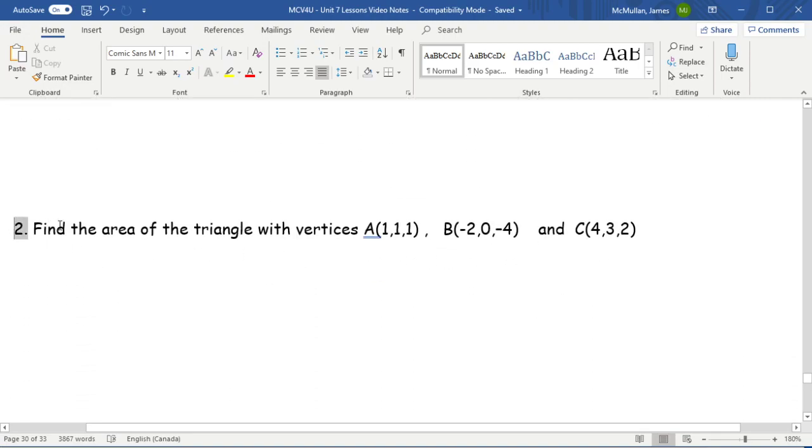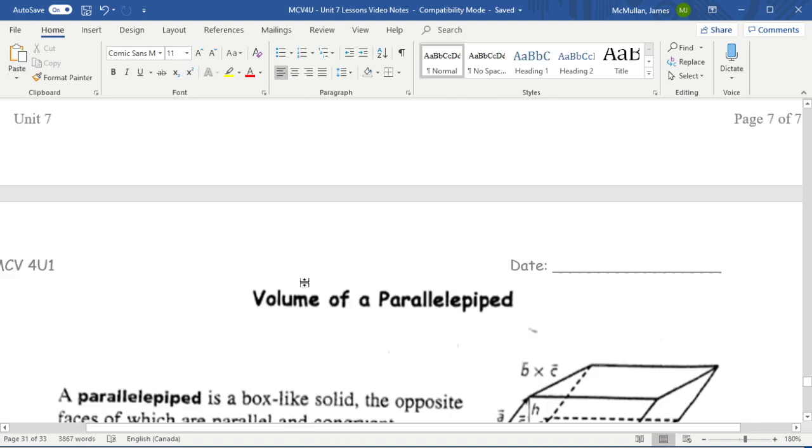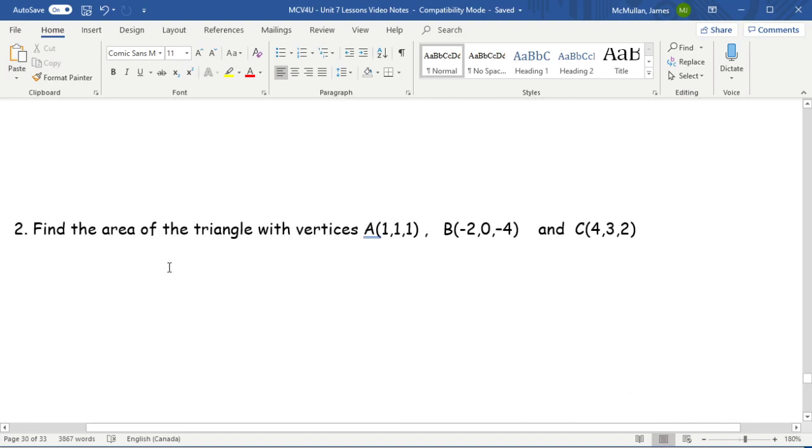Next: find the area of the triangle with vertices A, B, and C. Then we're going to do the parallelepiped, and then this will be done.